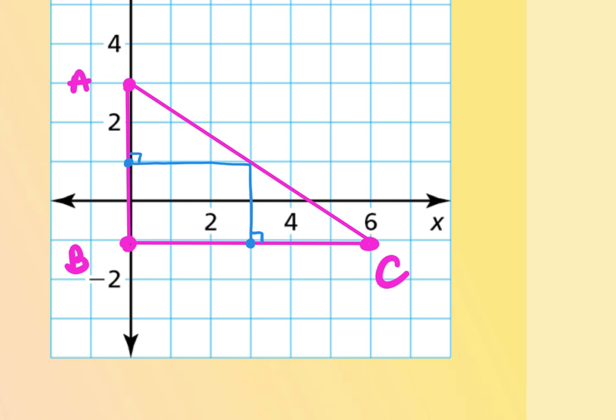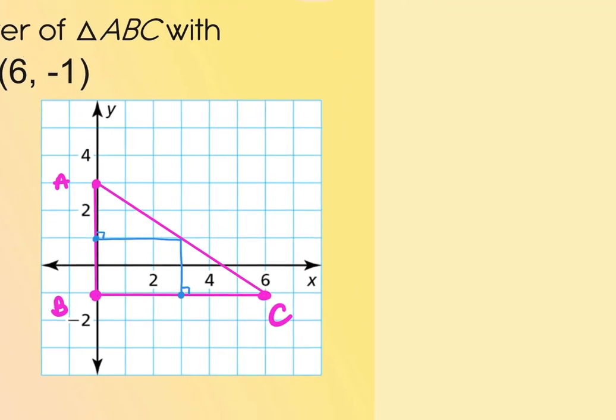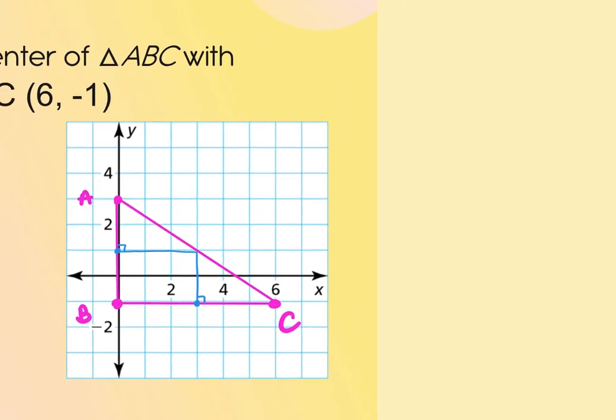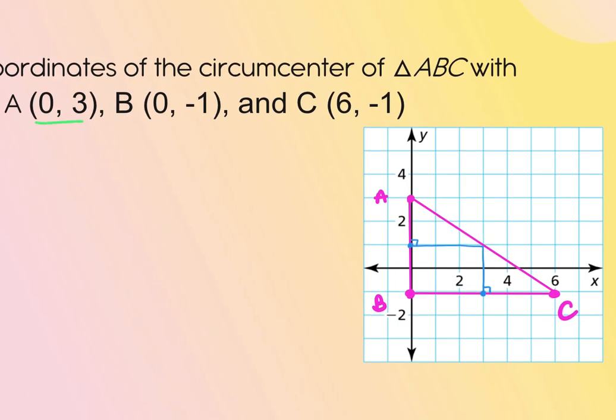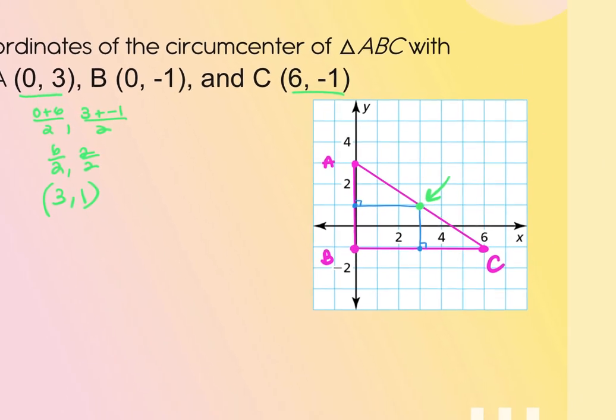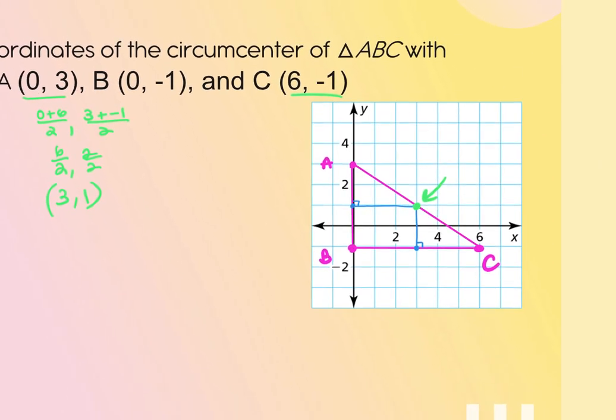On the hypotenuse, the midpoint would be found by finding the midpoint from A to C. So I use these two: 0 plus 6 over 2, 3 plus -1 over 2, which is 6 over 2, 2 over 2, which is (3, 1). If you graph it accurately, you'll find that that coordinate point is already where those other two segments meet.